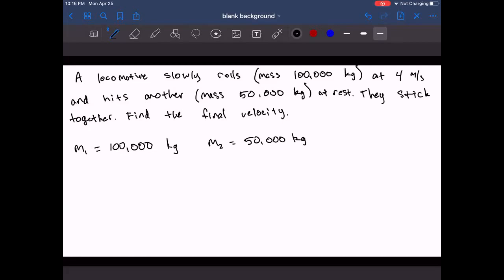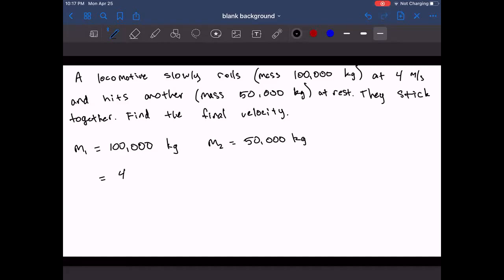The first locomotive. Okay, so the first one. The initial velocity of the first locomotive is 4 meters per second.